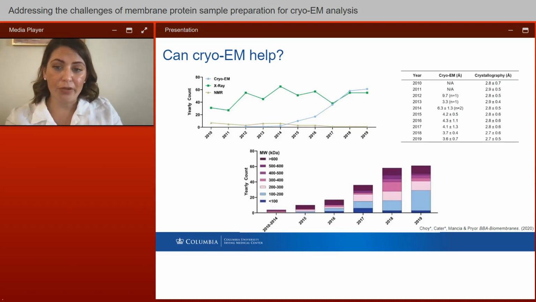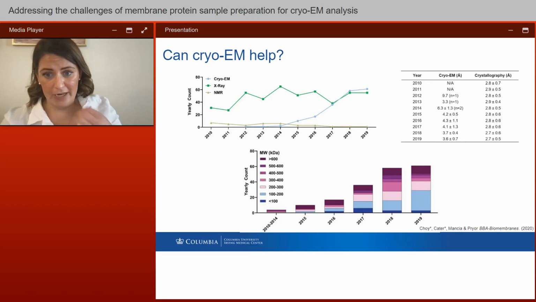In addition to that, we also know that the size of the membrane proteins that we can solve using cryo-EM is decreasing every year. So in the light blue and the dark blue down the bottom, you can see that proteins beneath 200 and even 100 kilodaltons are being solved with increasing propensity every year.